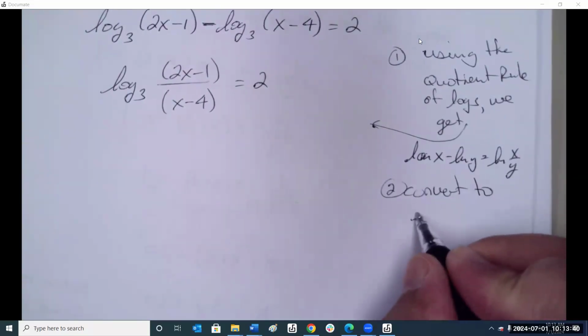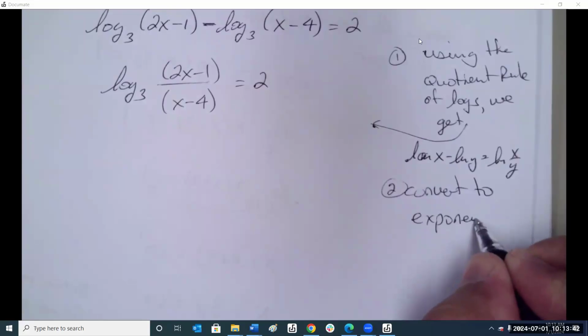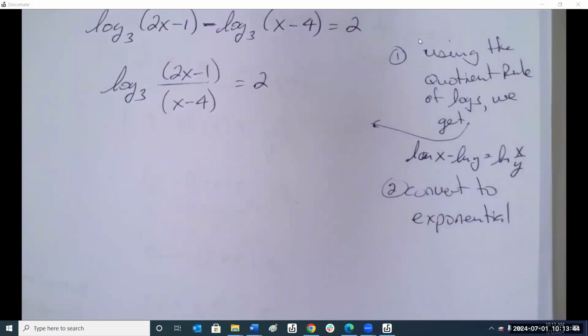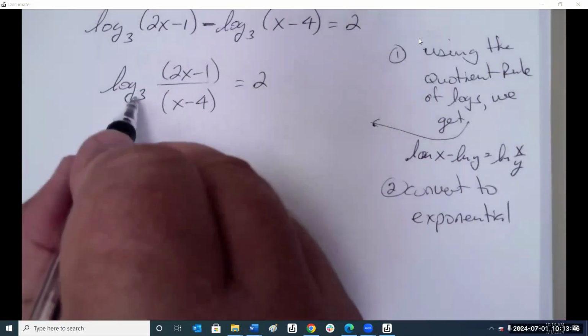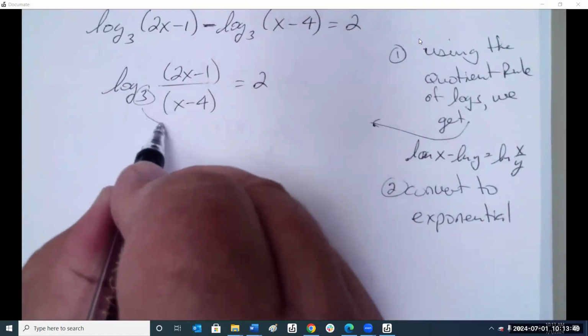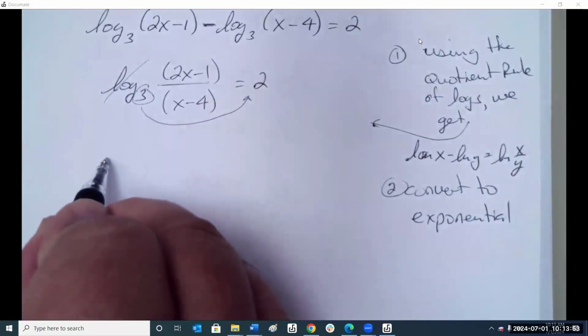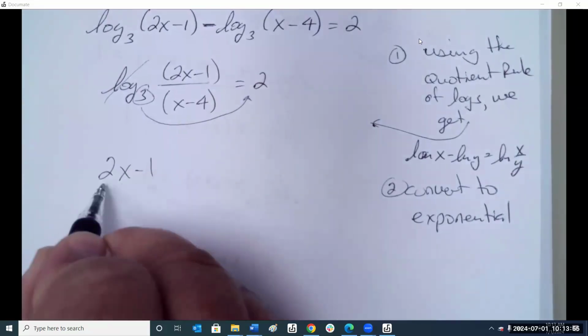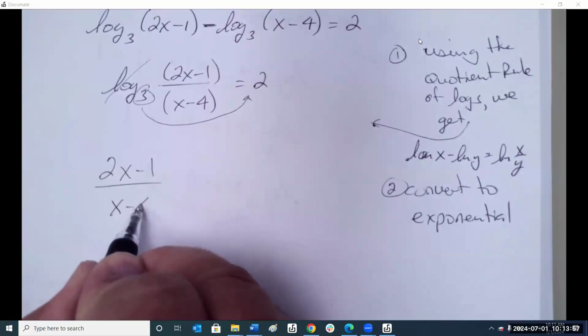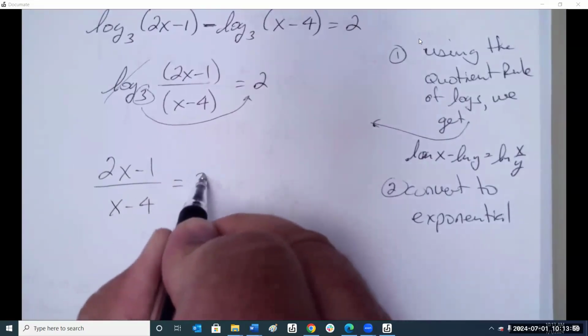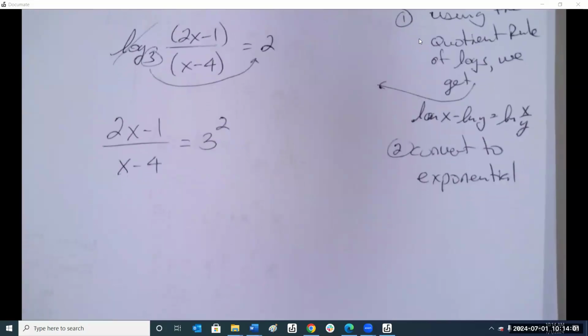Convert to exponential. The base comes over there, so the log drops off. 2x minus 1 over x minus 4 equals 3 to the power 2.